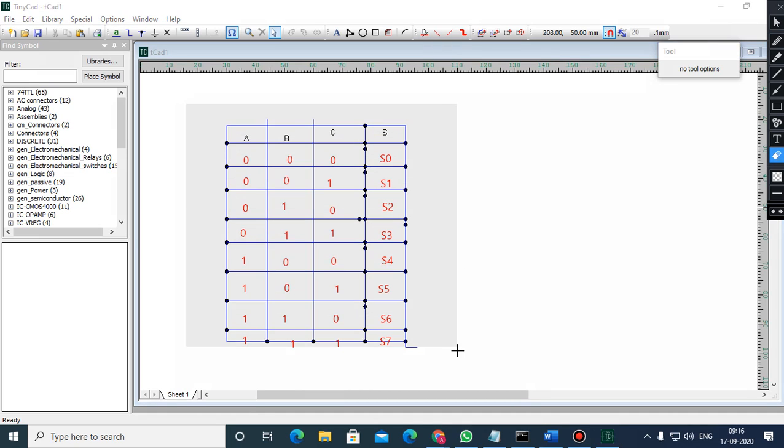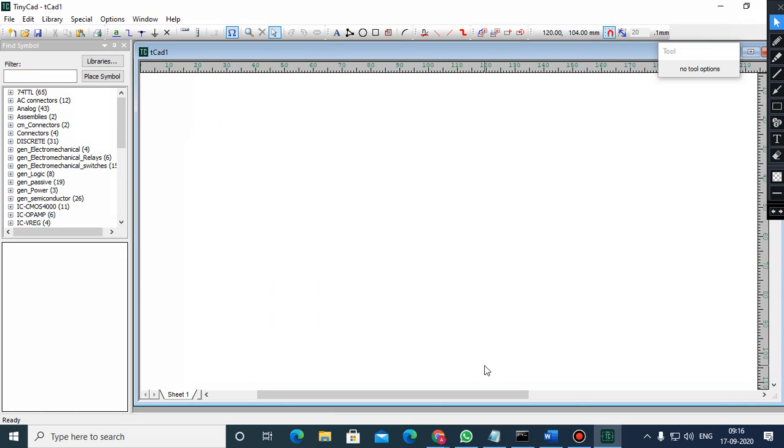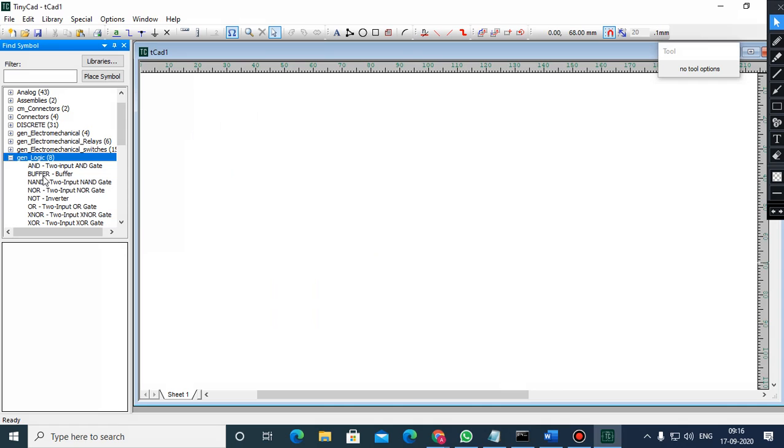Now I'm going to design that diagram here. So you will be needing 3 lines, and basically these are the select lines.